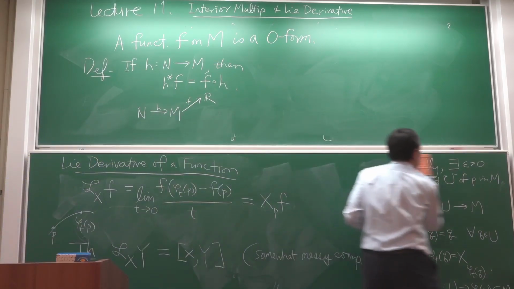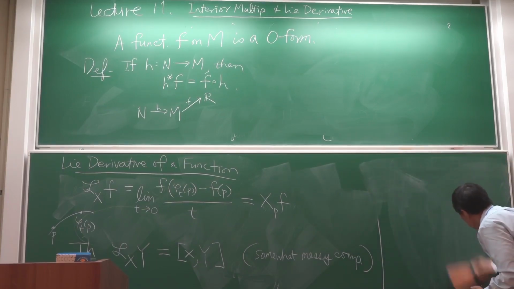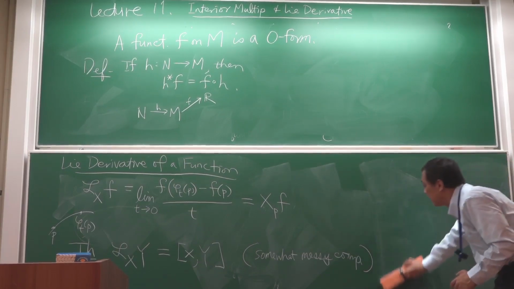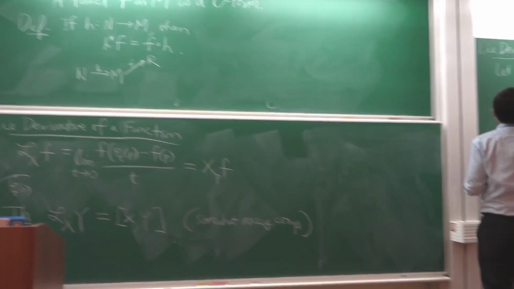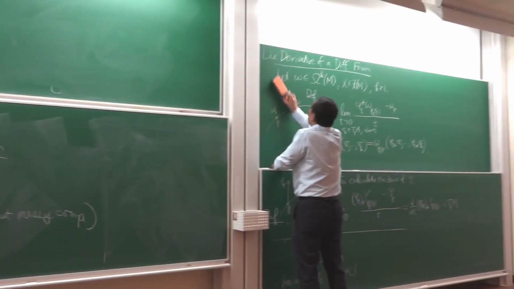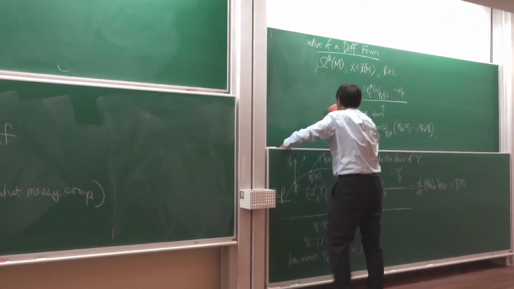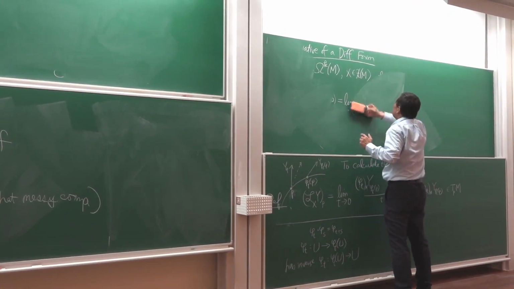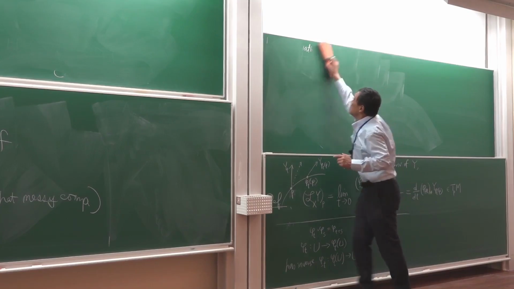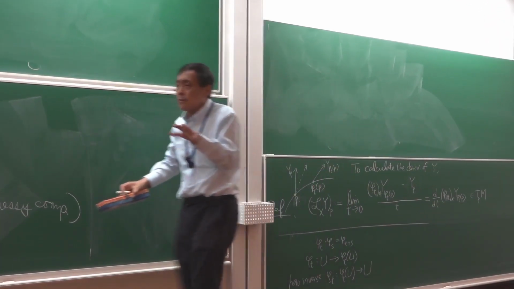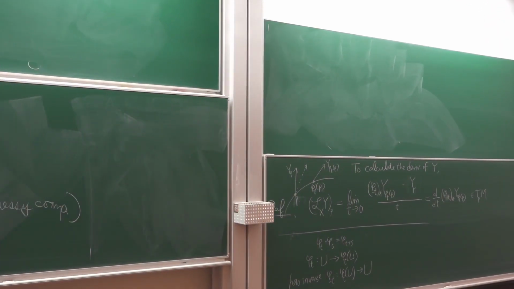Okay, now let me define interior multiplication. Now, the Lie derivative cannot be defined just on a single vector space because you need the values of the vector field nearby, right?